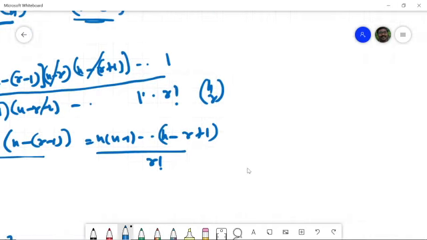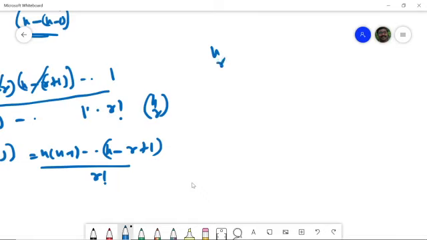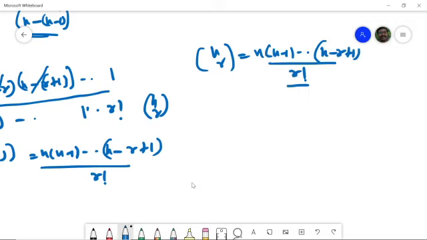If n is any real number, I define nCr in the same format as n into (n minus 1) into etc. (n minus r plus 1) divided by r factorial. r factorial is always defined because r is always a positive integer, so there is no issue here. In particular, nC0 is simply defined as 1.